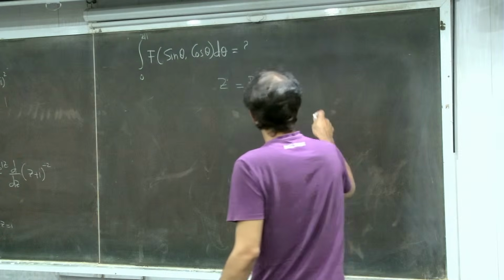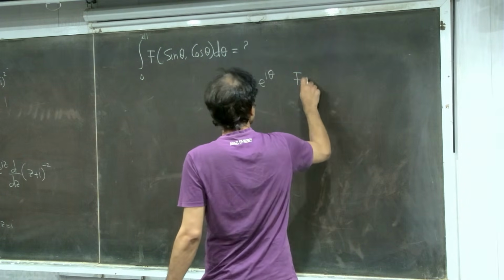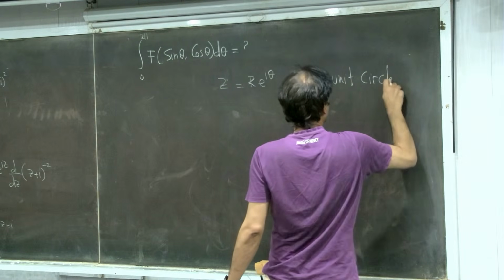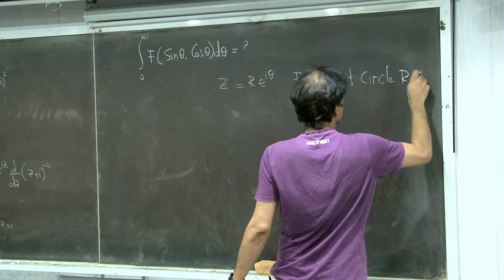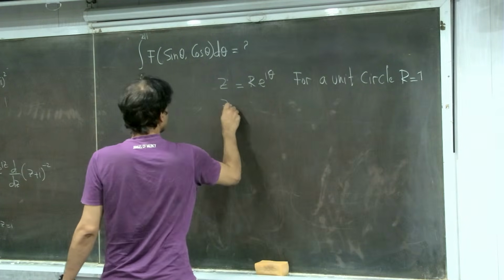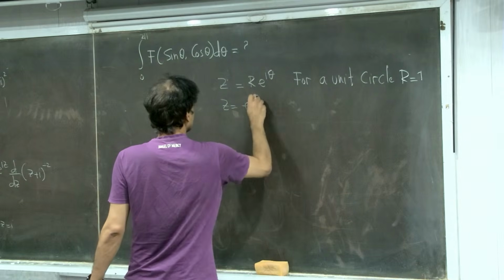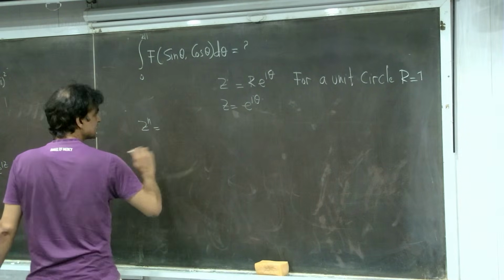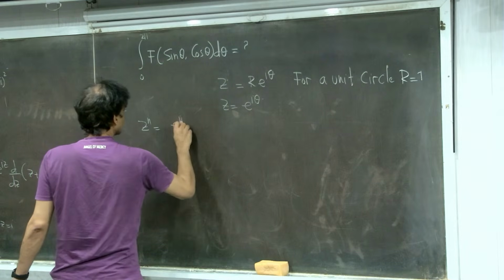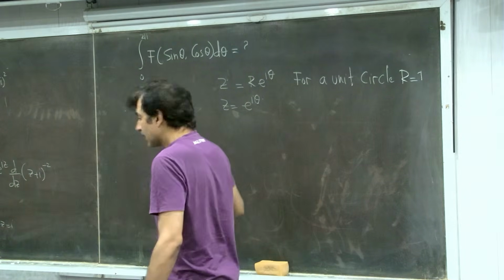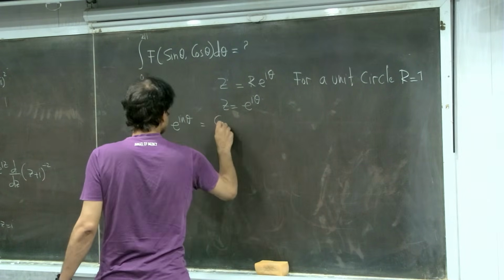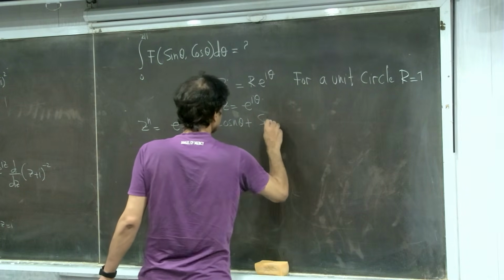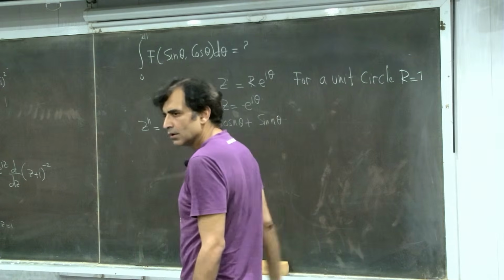So you can write this for a unit circle, r is 1. So this parametric equation becomes z is equal to e to the power iota theta. So it means that you have z to the power n is e to the power iota n theta, and you know its expansion. You know that it is cosine n theta plus iota sine n theta.